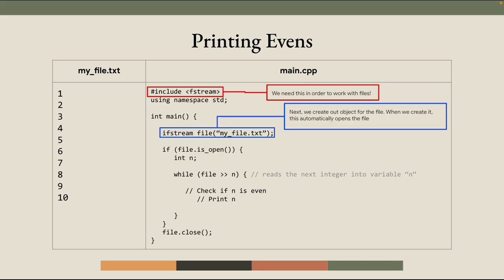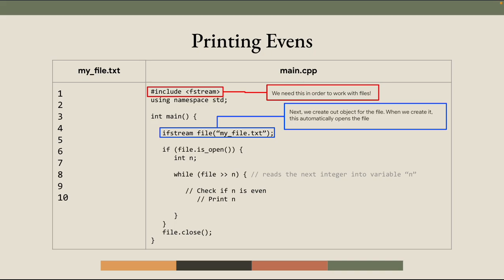Second thing is your object. Remember, there are 3 parts to it. ifstream to tell C++ this is going to be an input file, because there are also output files, so you have to specify. ifstream stands for input file stream. Then I have to name it so that down below, if I want to manipulate this file or close it, I have a variable name to reference that file.